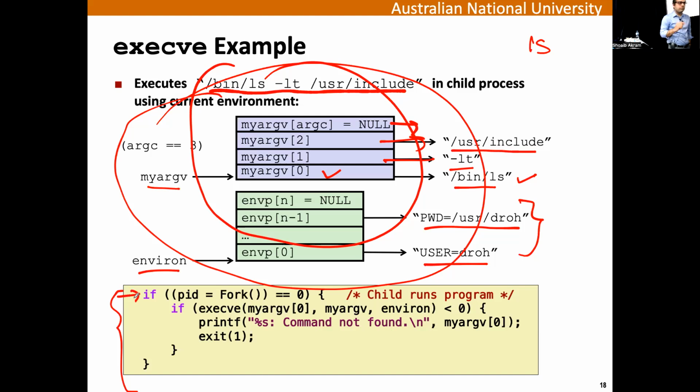Because imagine this is a parent, and it wants to run many different programs on behalf of the user, right? If the program calls execve without fork, what will happen? The parent's address space will be replaced by the program that it wants to run. And then what?